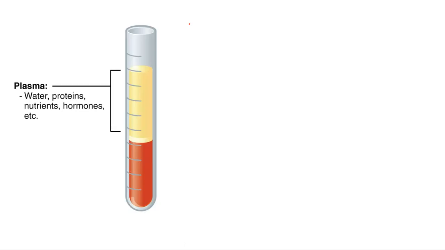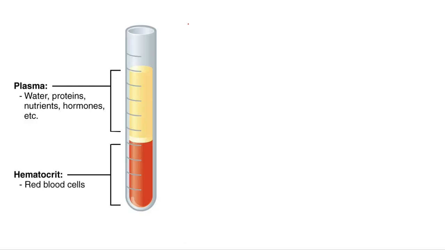The fluid part of blood is called plasma, and it's going to be mostly water. There are some proteins called plasma proteins which are dissolved in there, and then different nutrients, things like amino acids and sugars and monosaccharides would be in there. And then a whole bunch of various hormones would be in there at any point in time.